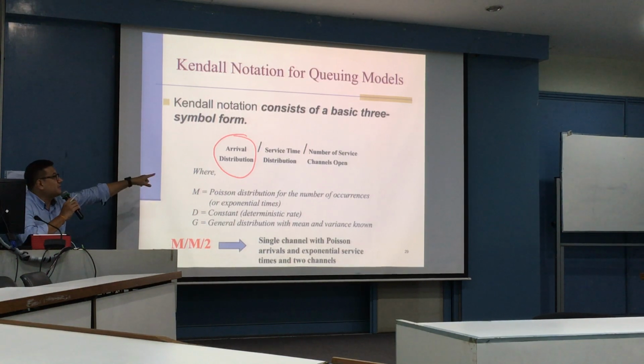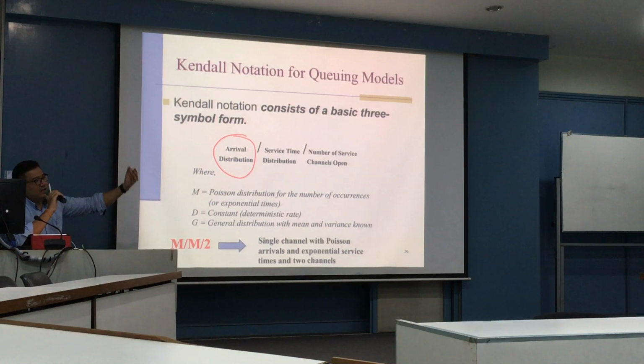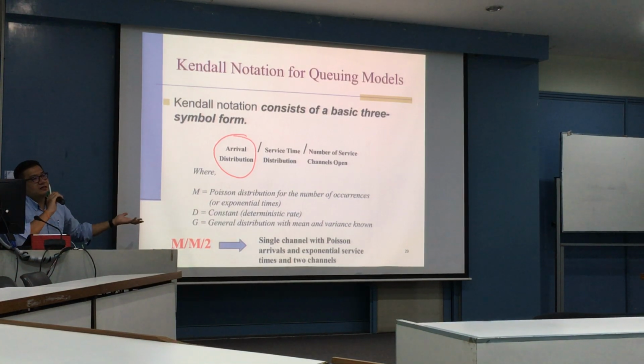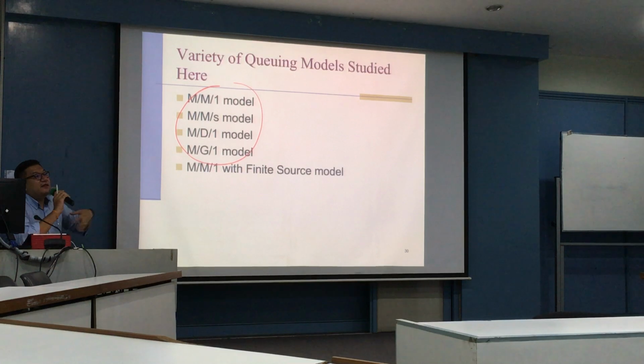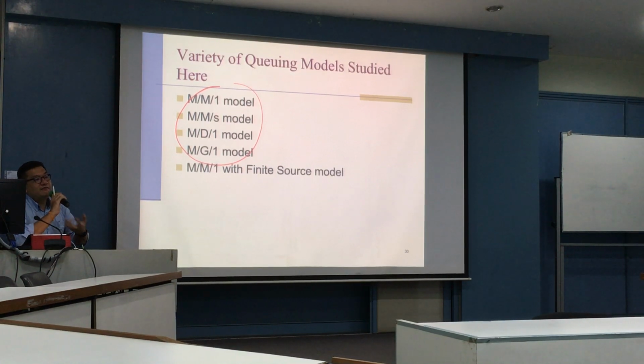It means that all the arrivals arrive to the system with Poisson distribution. So in all the models that we study, the first position of the notation is M, which means we assume that customers arrive at the system with Poisson distribution.